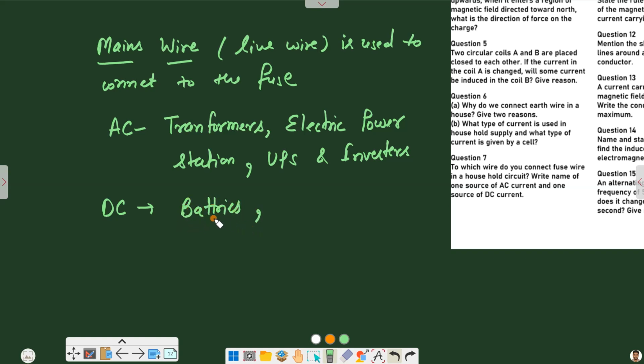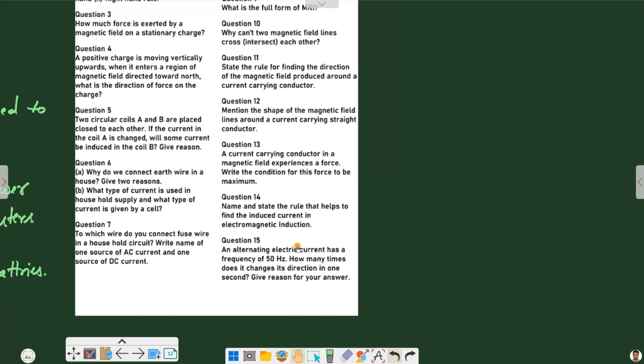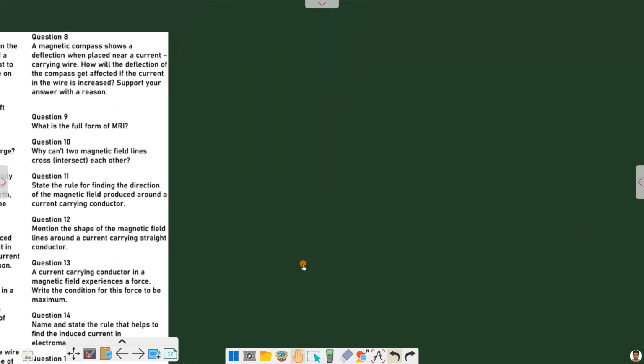We have lead-acid batteries and lithium-ion batteries, which are used in our mobile phones and laptops, etc. Using these we get direct current or DC. And using transformers, electric power stations, and UPS and inverters, we get AC power. So with this, question number 7 is complete. Moving to question number 8.